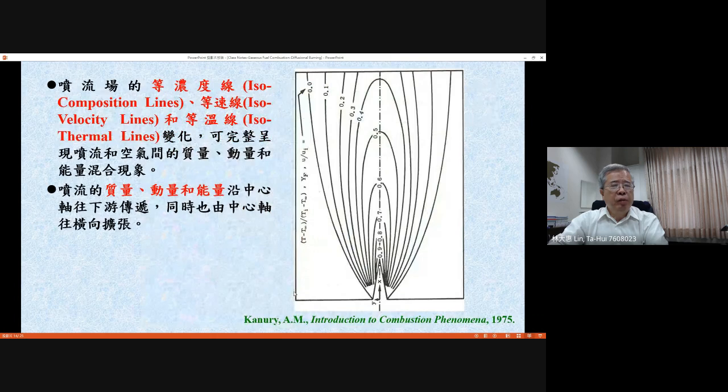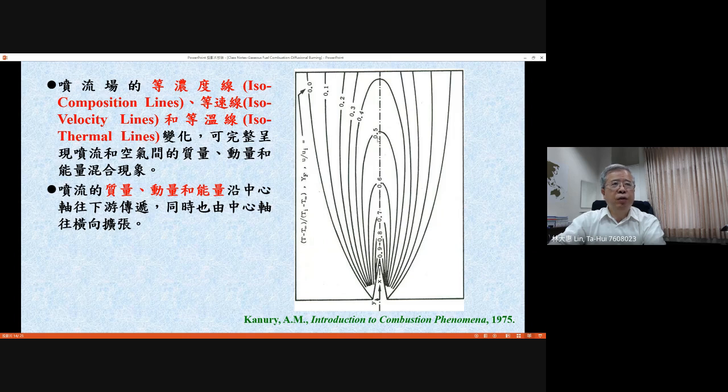Okay, now we try to explain the motion of the flame from the port to a certain position in the flow, and then blowing out. We go back a little bit and look at the cold flow structure as I explained to you. And this is the potential cone, right? You clearly understood. And here there is some iso-composition line, iso-velocity line, and also iso-thermal line.